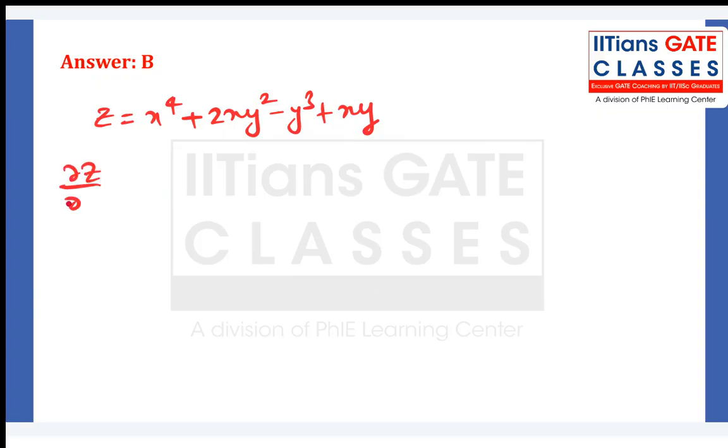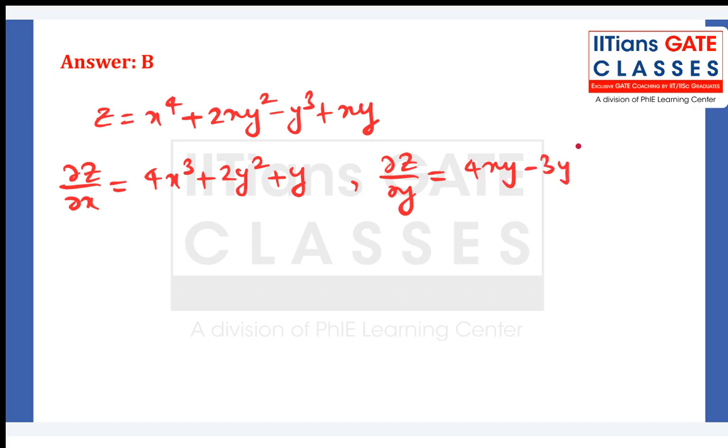That means the partial derivative with respect to x, assuming y as a constant. That will be 4x cube plus 2y square plus y. And del z by del y is nothing but 4xy minus 3y square plus x.